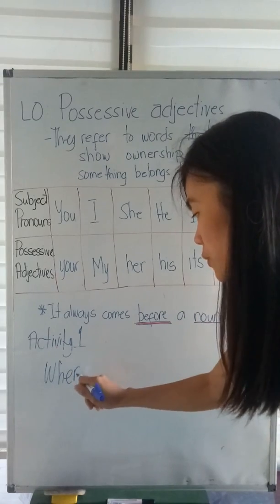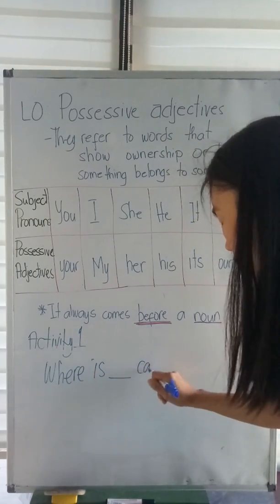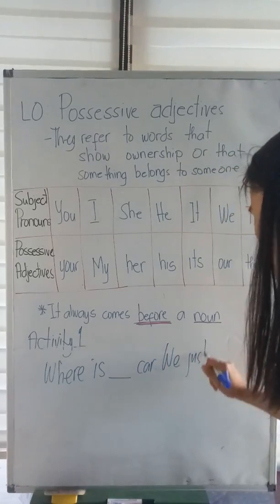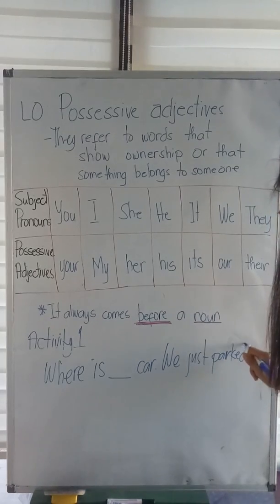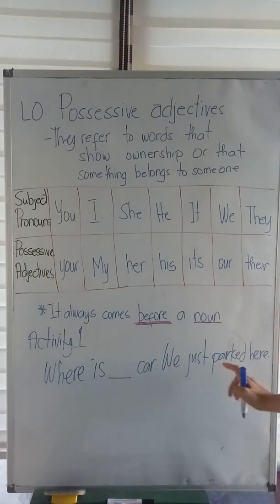For example, the sentence is, where is blank car? We just parked here.